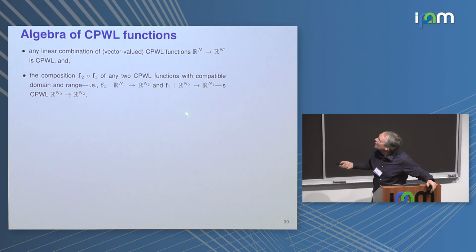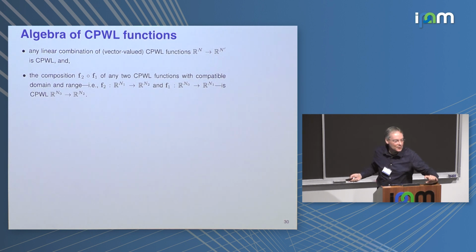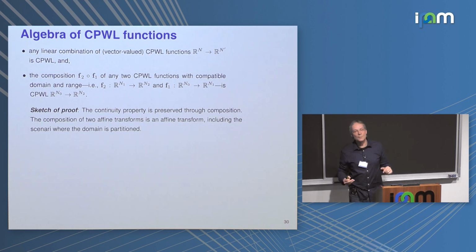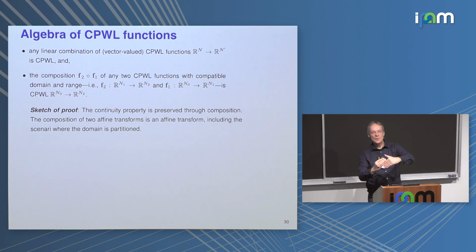It's obvious. What's less obvious is that the composition of continuous piecewise linear functions is continuous piecewise linear. And this is the secret. The proof is very simple, because if you compose linear with linear, you get linear. If you compose continuous with continuous, you get continuous. Essentially, that's the proof.